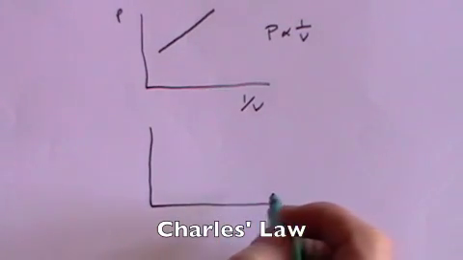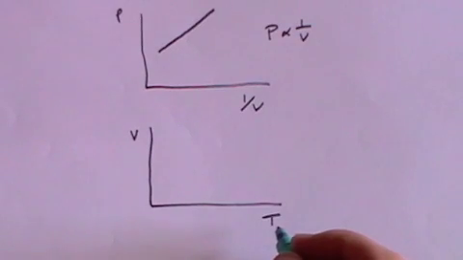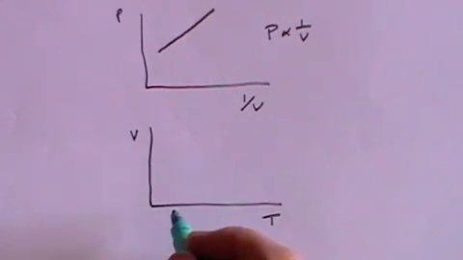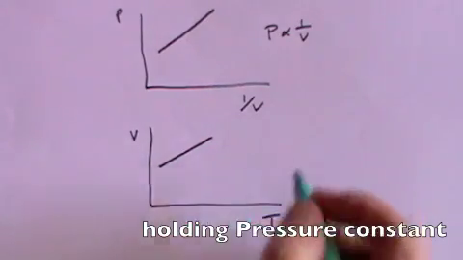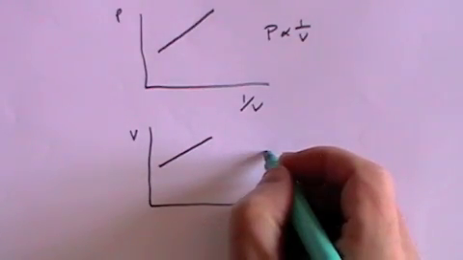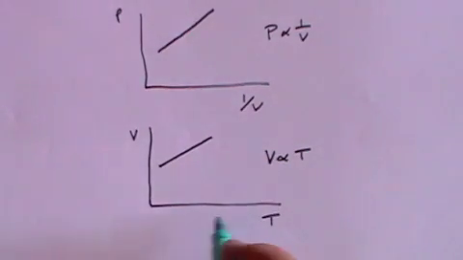And Charles' law relates volume to temperature. And if you plot volume against temperature, you get a straight line, which means that volume is directly proportional to temperature.